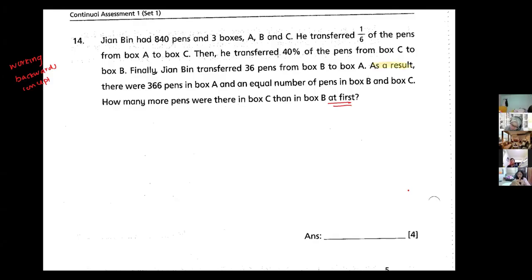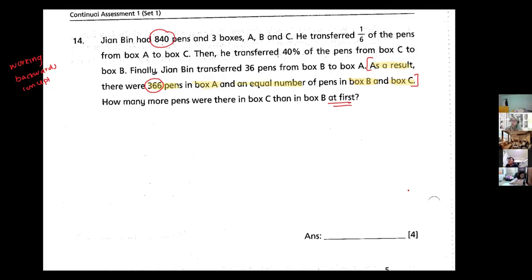The last number given in the question is from the sentence, as a result, there were 366 pens in box A and an equal number of pens in box B and box C. We look at that sentence first. We need to work with these 366 pens. Then we look back at the total, because if you have something in the end, we have something at first.